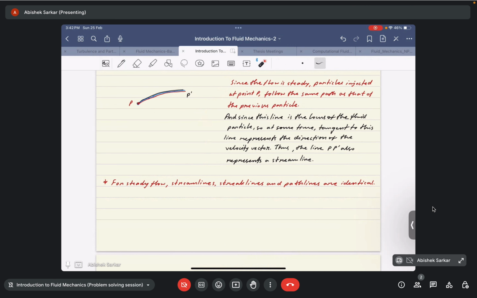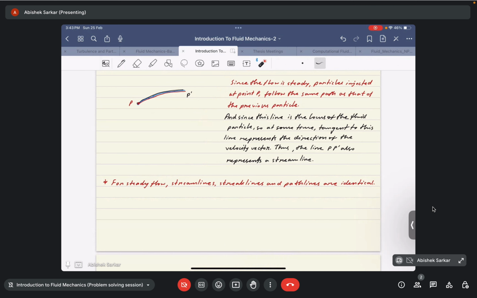But if the flow can be considered essentially steady, then those streak lines will be identical to the streamlines as well as the path lines, and thus we can say that the lines we are visualizing are essentially the streamlines of the fluid flow as well, right?